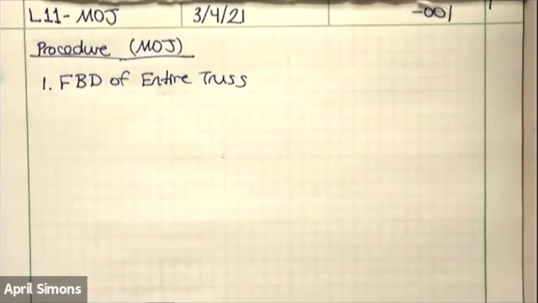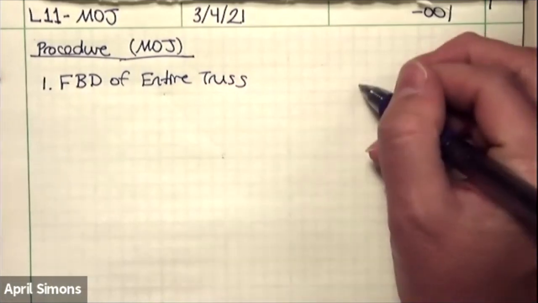Essentially when we look at method of joints, or method of sections for that matter, we're looking at the truss in two different ways. The first way that we'll look at it is as a whole structure, right?